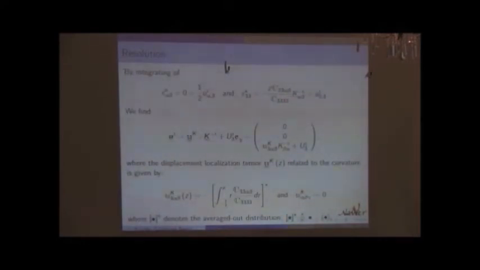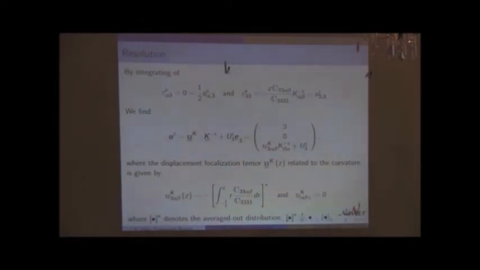So now we have the strain and the stress at this order, and we can easily compute the displacement distribution. You simply integrate the definition of the normal strain, and you can express the displacement field at this order.